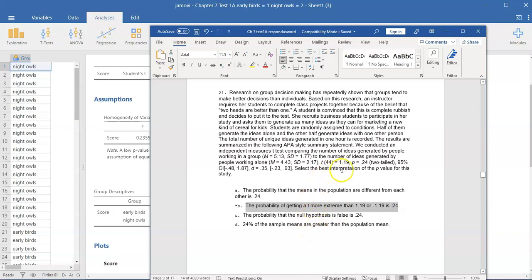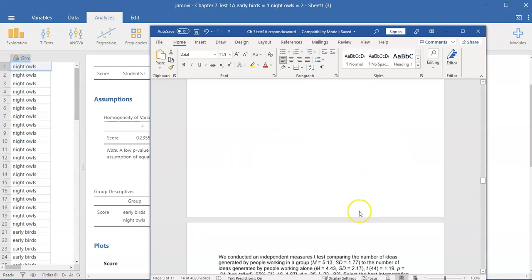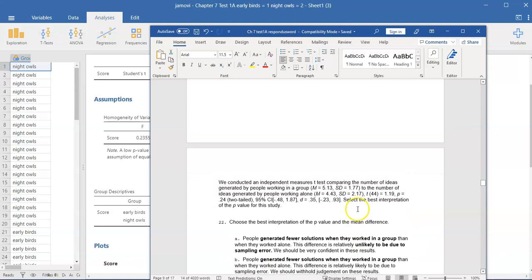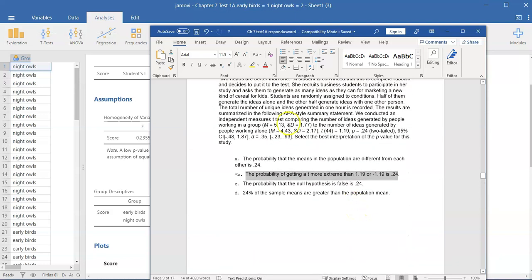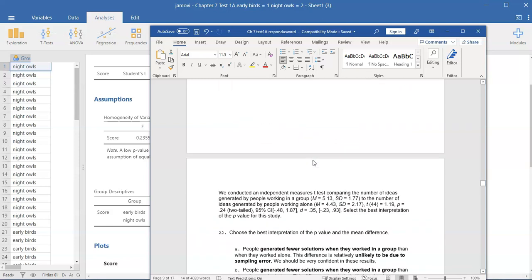It's the probability of getting the obtained t or something further from that value in either tail. Then what I've done here is copy the information we need for all of the next questions, so I don't have to keep scrolling up and down. So here is the information.